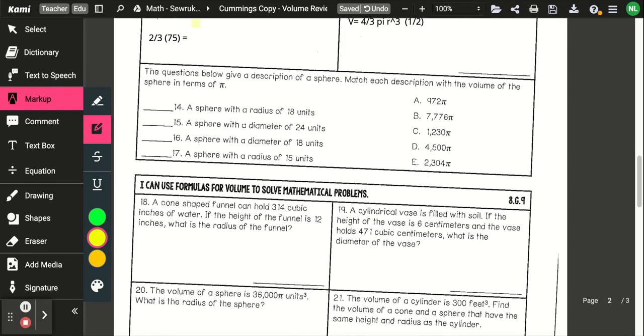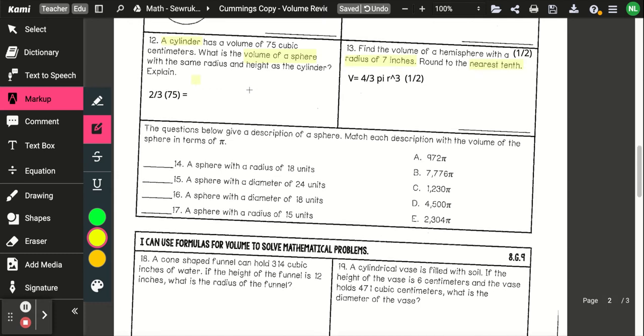And then the last couple questions, the question below gives a description of a sphere. Match each description with the volume of a sphere in terms of pi. So remember, you're using that same formula, V equals 4/3 pi r cubed. And you're going to just sub in what it gives you. This is giving you a radius of 18 units. This is giving you a diameter.